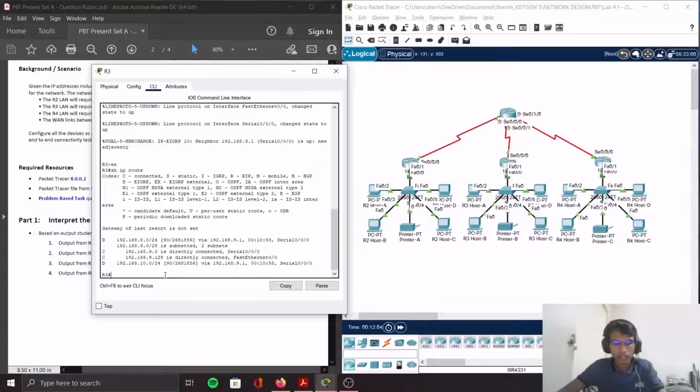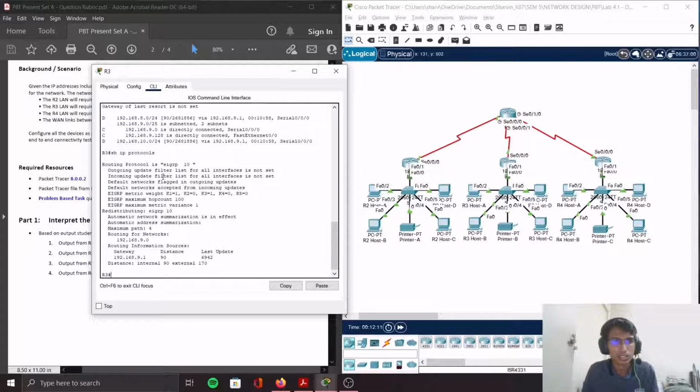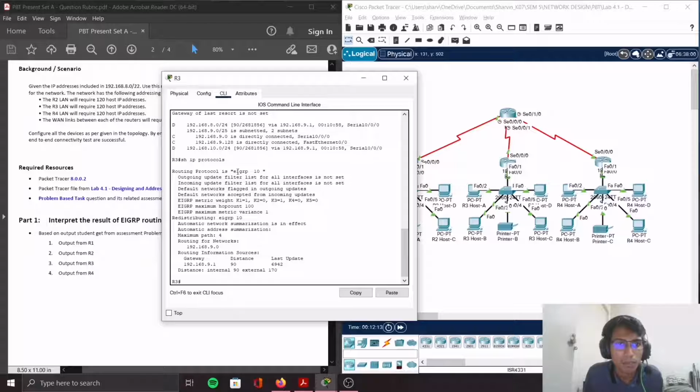Now let's see show IP protocols. You can see R3 is using IP EIGRP 10, and we did not get any automatic address summarization in R3.